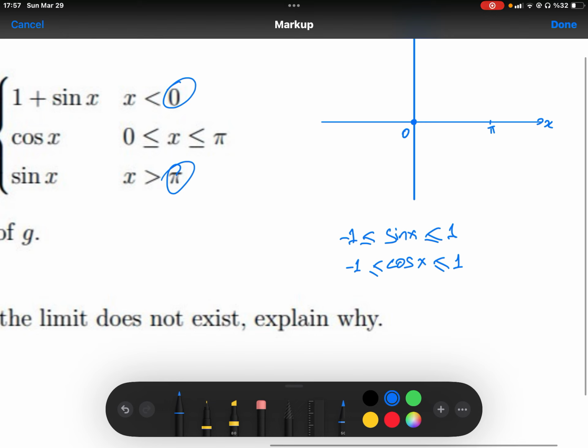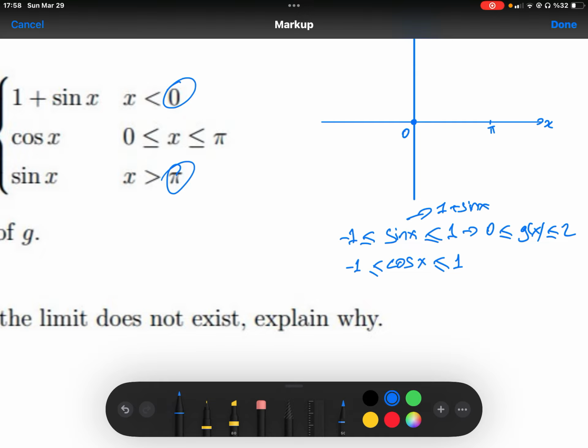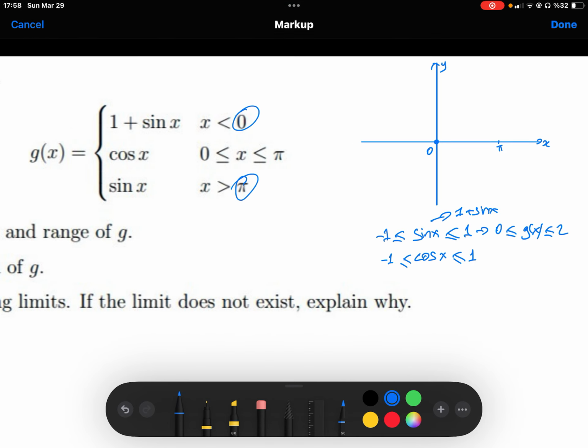So if I add 1 to every side, I will have 0 less than or equal to g of x, less than or equal to 2, because I will be having 1 plus sine x, which is equal to g of x.